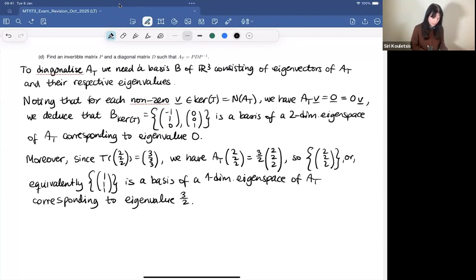And so the basis B of R3 consisting of eigenvectors of AT can be taken as the following.